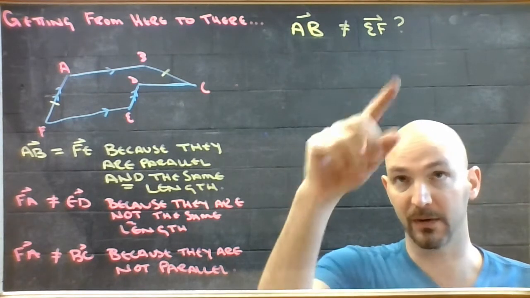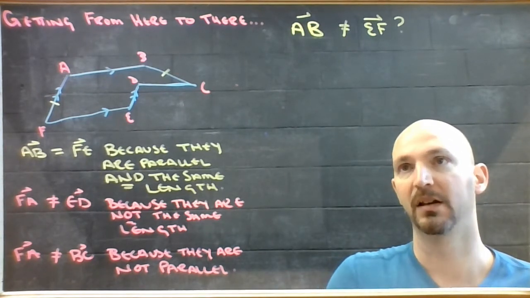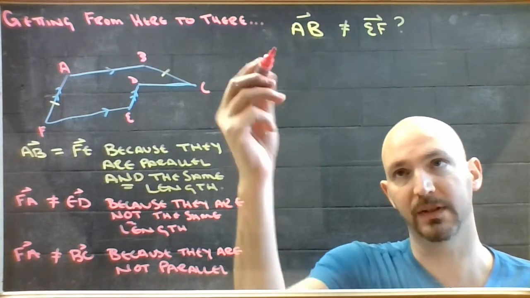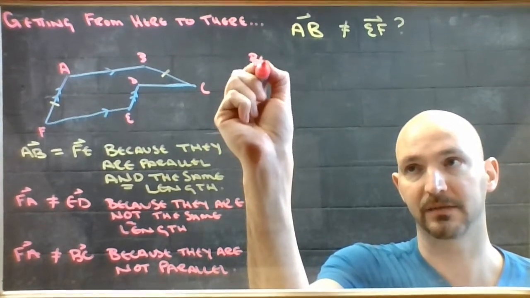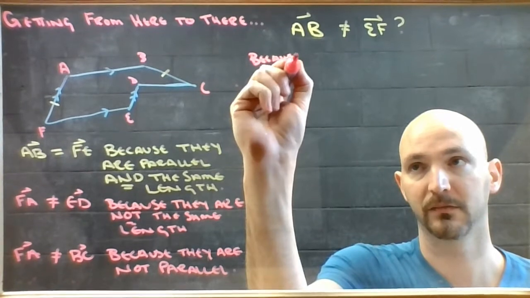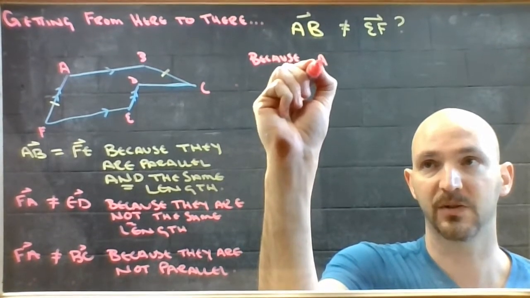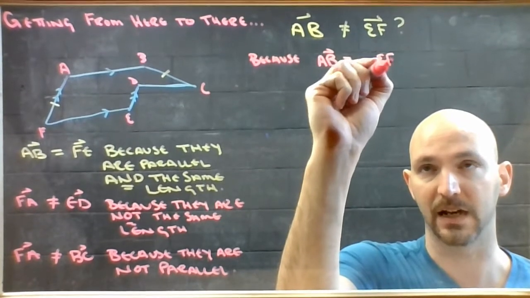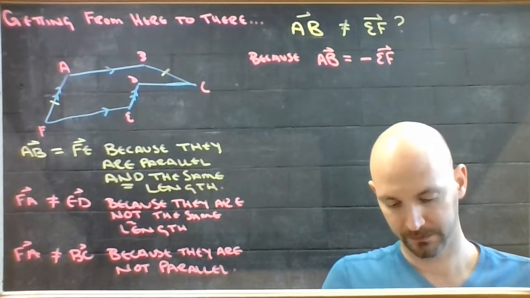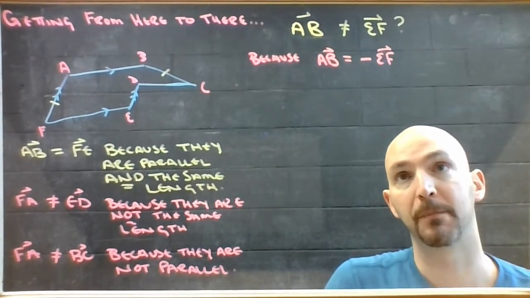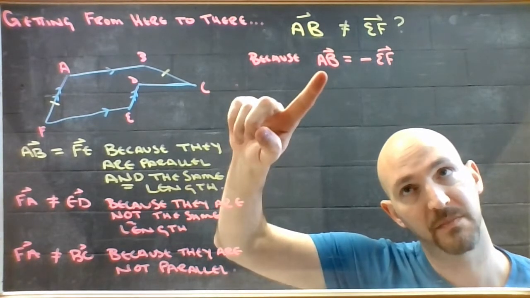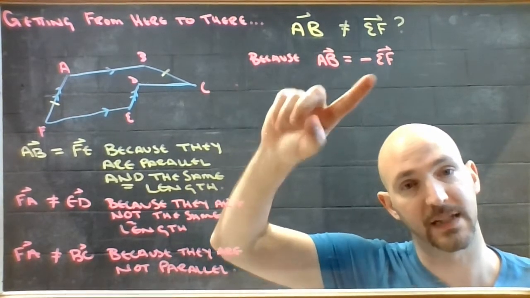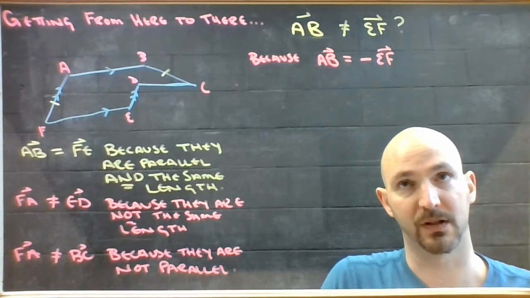So if I were to change that, A to B is not equal to E to F because A to B is equal to negative EF. So A to B is equal to this if you travel backwards on E to F.